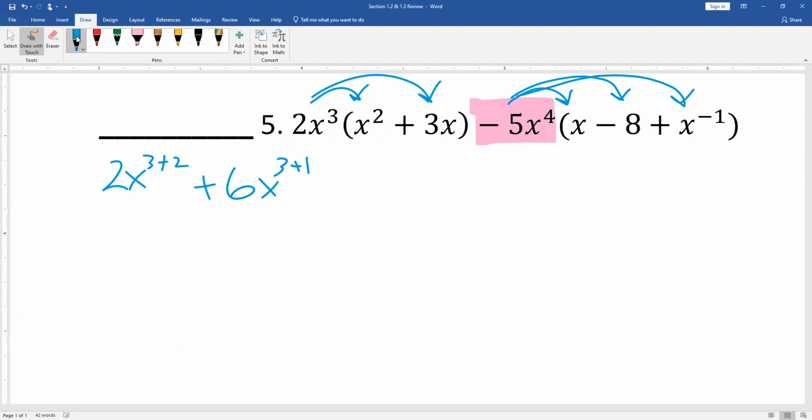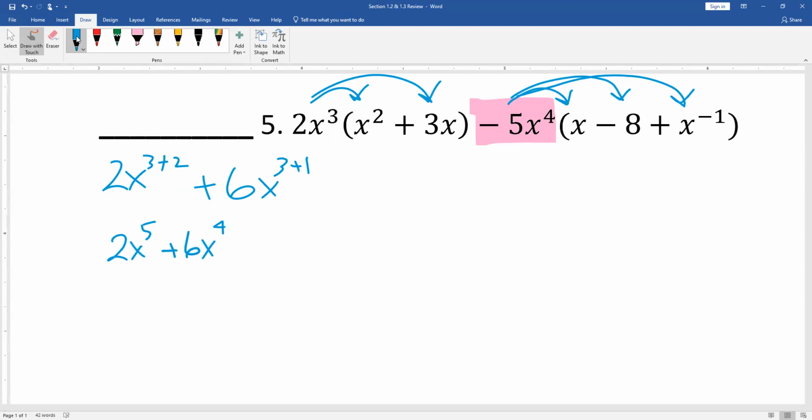So you must add a 1 because we just went from having 3 x's being multiplied to 4. All right, and so then that simplifies down to 2x to the 5th plus 6x to the 4th.